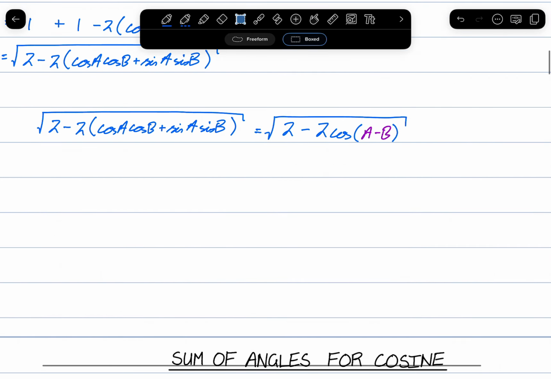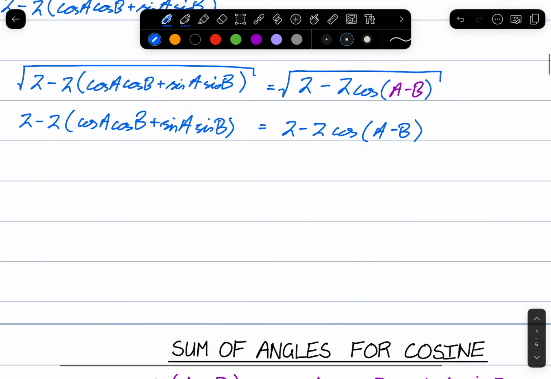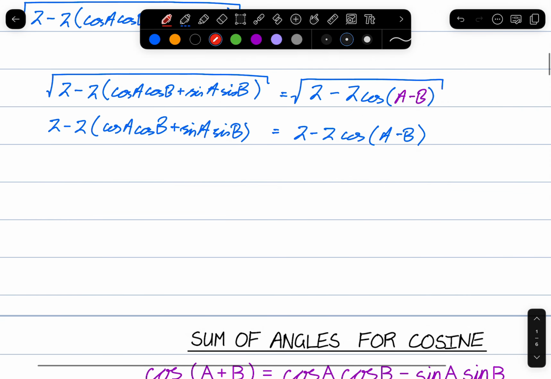And now we're going to take the square of both sides, leaving us with 2 minus 2 cos A cos B plus sine A sine B. And the right hand side as well, squaring both sides, 2 minus 2 cos of A minus B. And I hope from here you can see there's a whole bunch of canceling we can do from the left and the right hand side.